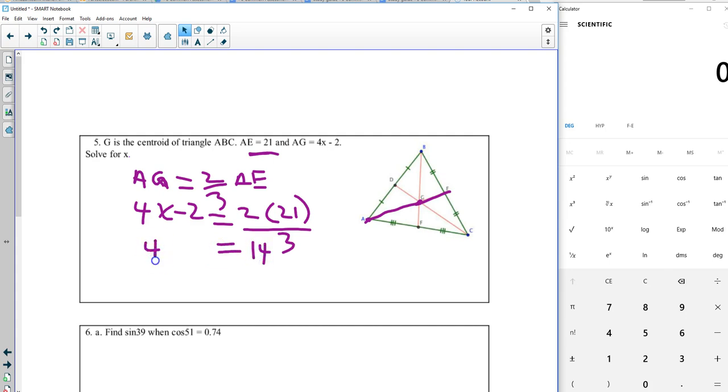And then this is 4x minus 2. I'm going to bring the 2 over, so I got 4x is equal to 16. X is equal to 4. Are they asking for x? Yes, they are. So the value of x is equal to 4.